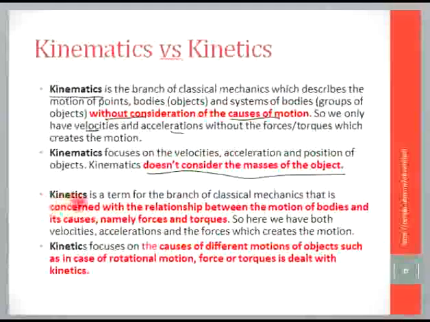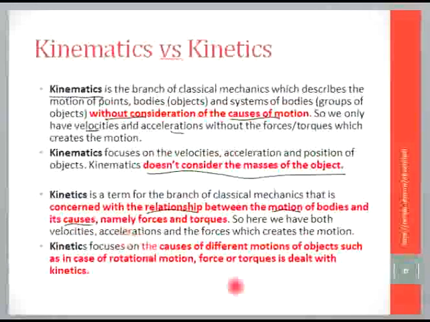However, kinetics is the branch of classical mechanics that is concerned with the relationship between the motion of bodies and its causes. Compared with kinematics, which is not concerned with the forces that create the motion, kinetics concerns the relationship between the motion and the causes of the motion.